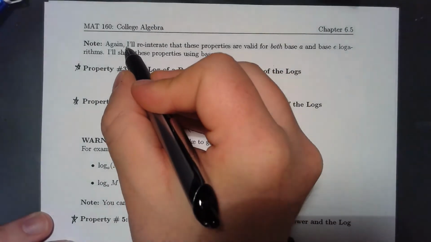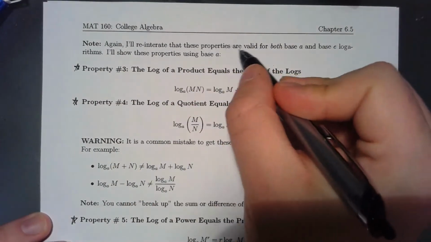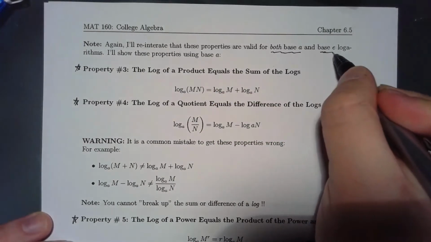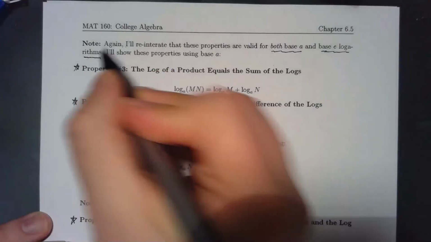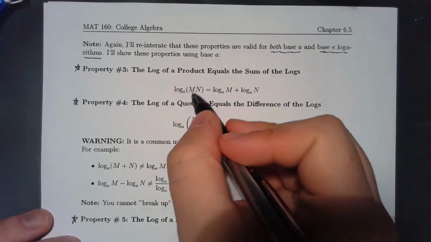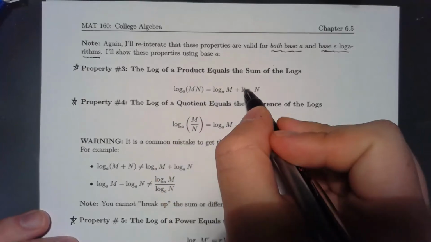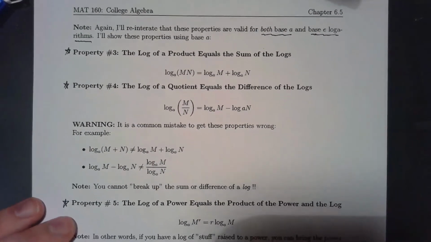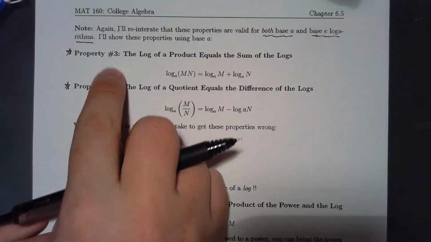I'm re-mentioning that because that is important to understand. These properties are valid for both base a and base e logarithms. I'm going to show the properties using base a, but just remember that this will also work for ln of the same thing. So now these two properties show up a lot.